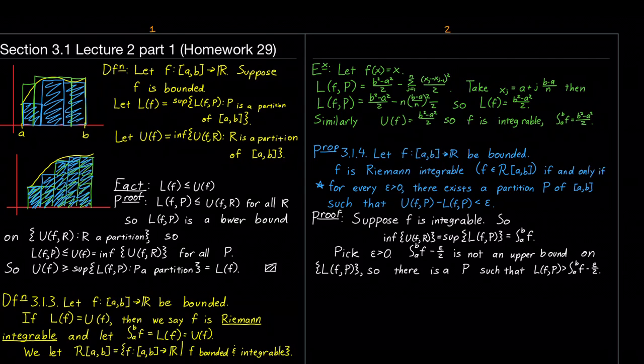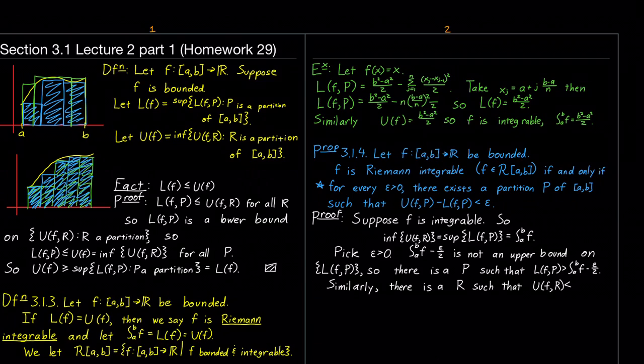And then similarly, there is a partition R such that the upper sum of f over R is less than the integral plus epsilon over 2.